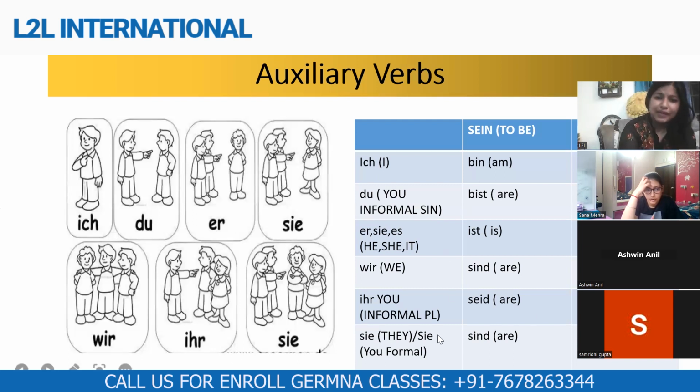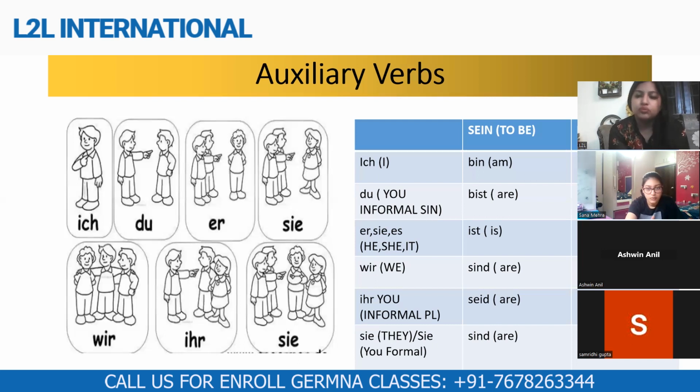Just see the picture and tell me what is er, sie, wir, ihr, and Sie. Study for a while and then let me know. We have to tell the meaning of the word according to the picture.